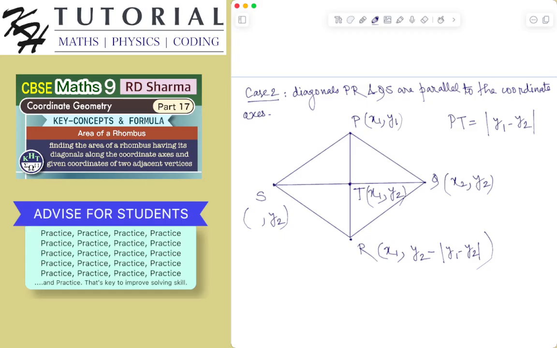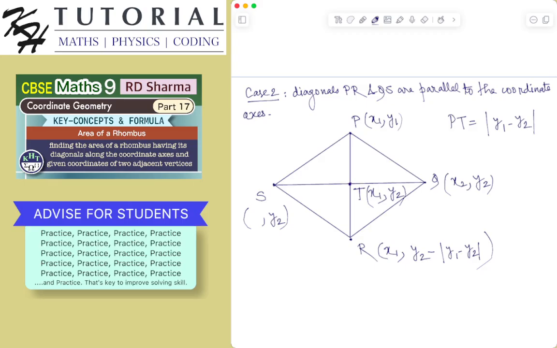Now, if the vertex R would have been above the diagonal QS, then the ordinate would have been y2 plus the absolute value of y1 minus y2.